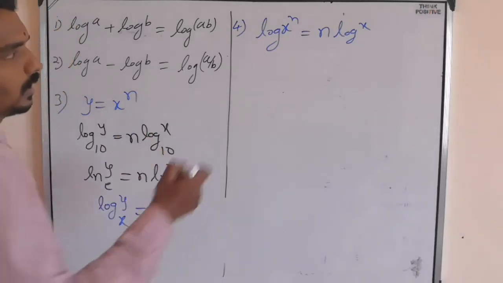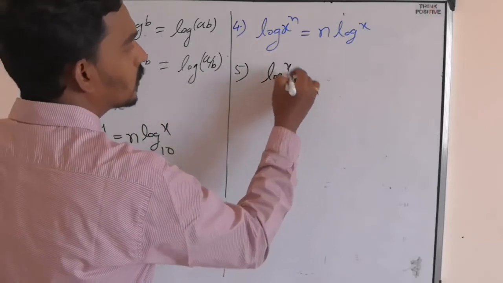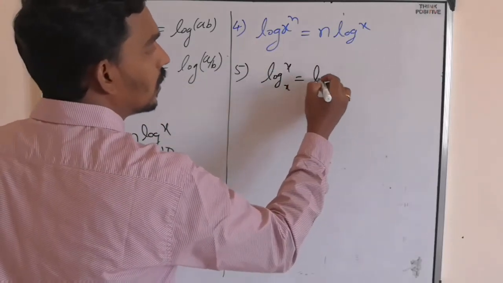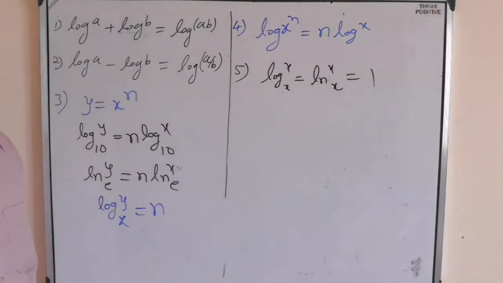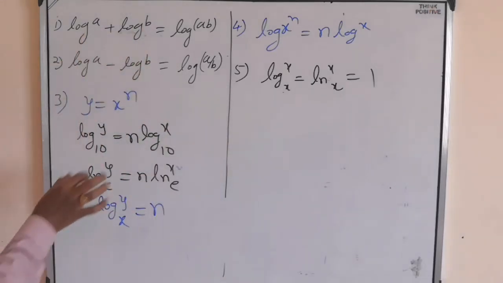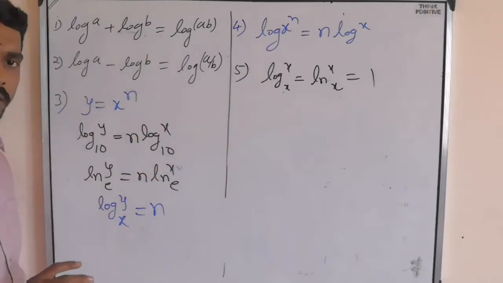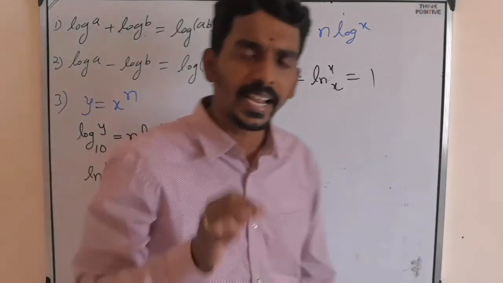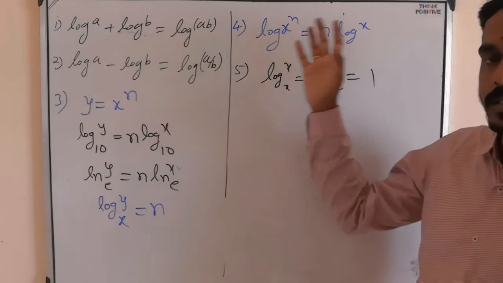One more: log x base x or ln x base x is always 1. This is one more important formula. One is about this, this and this and this. There may be some other formulas, but 99.9% we use only these formulas in physics.